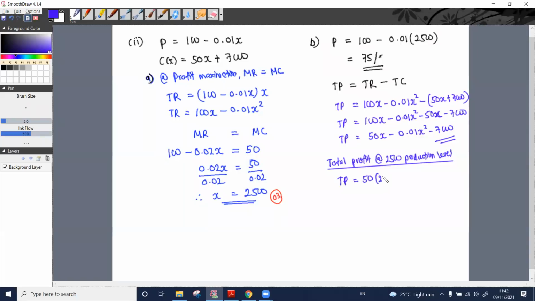Instead of x, we need to substitute 2,500. 50 into 2,500 minus 0.01 into 2,500 squared minus 7,000. That is 55,500 rupees.